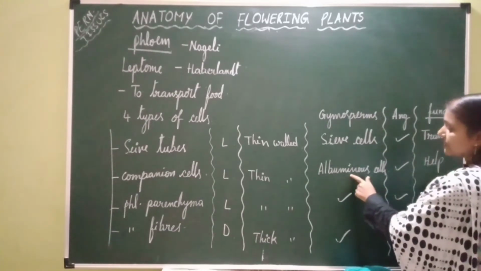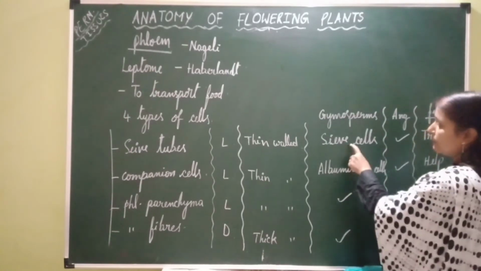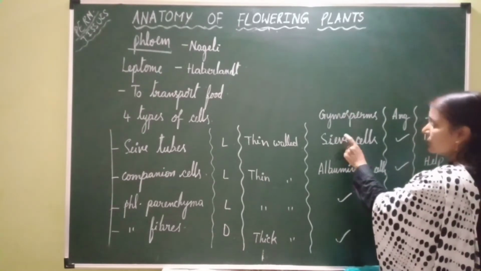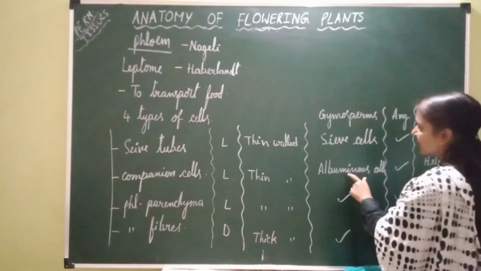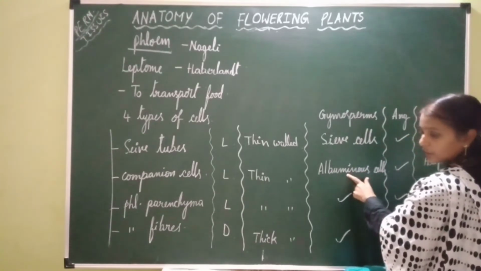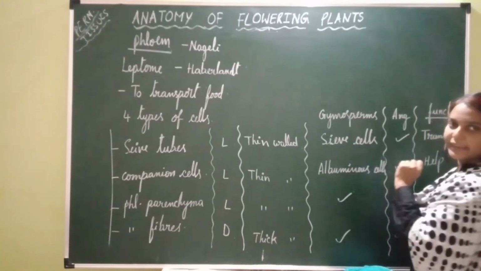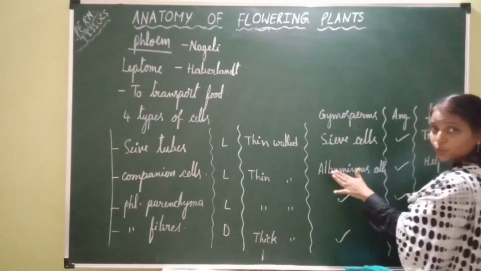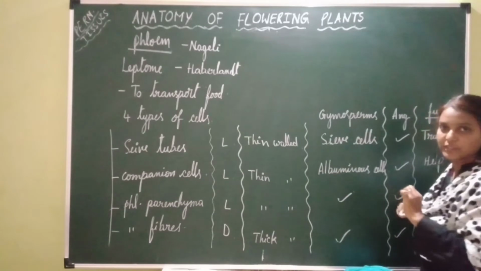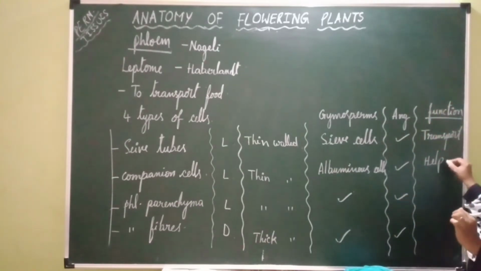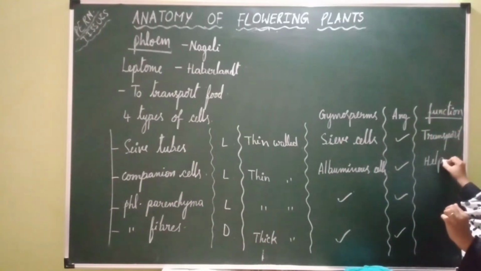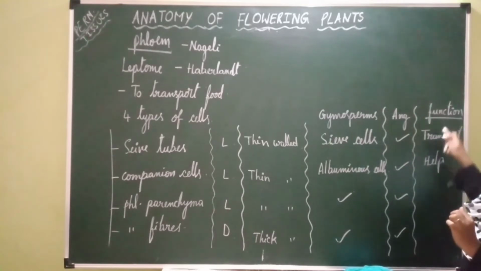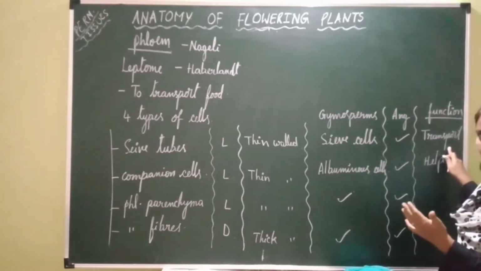Even albuminous cells are helper cells which help sieve cells, through which transport of food takes place. But these albuminous cells are not called true companion cells. I will explain why they are not true companion cells in the forthcoming part of this lecture. They help these sieve cells in the transport of food materials.